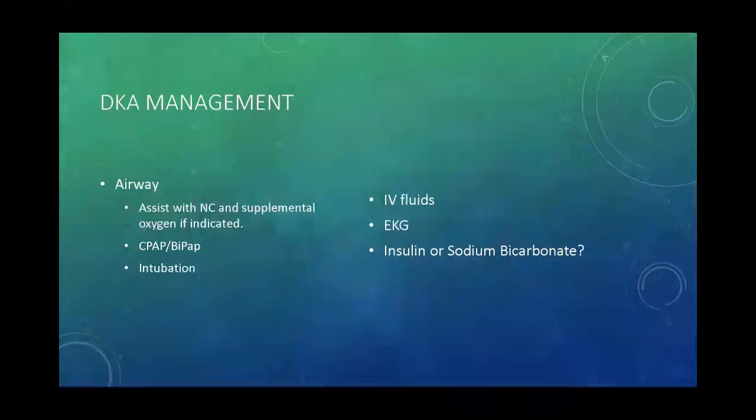Sometimes the myocardial infarction may have set them off into a DKA, or they may have DKA as well as an infarction going on at the same time, or you might even be able to catch some potassium abnormalities on the EKG. I think it's fairly helpful and important to obtain that as well.